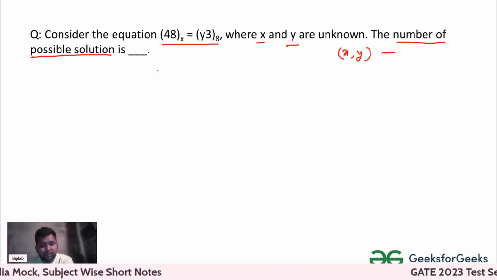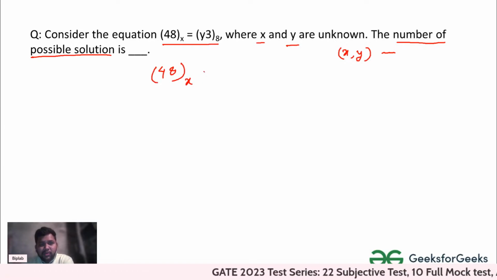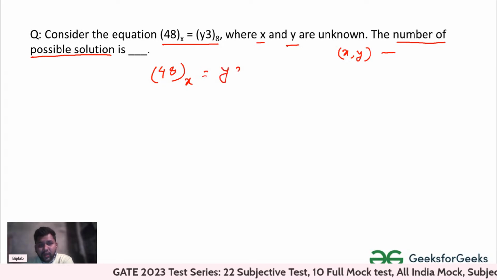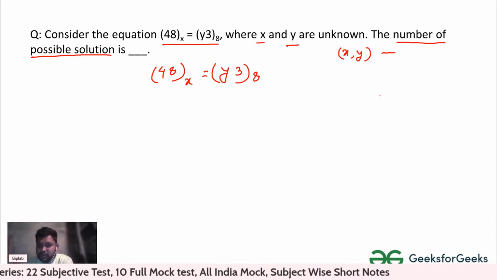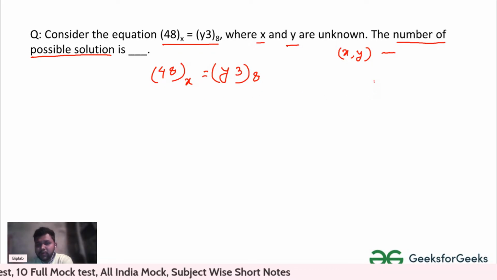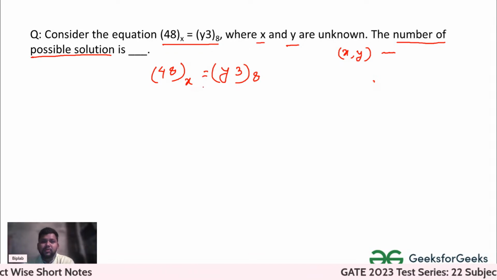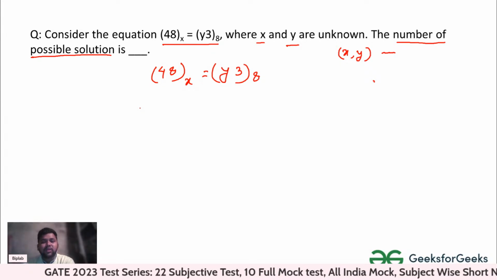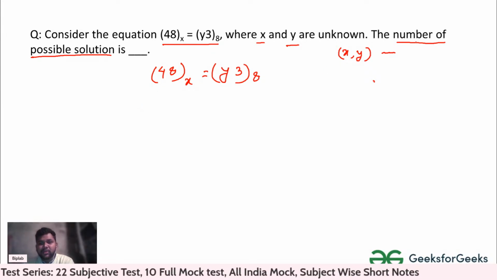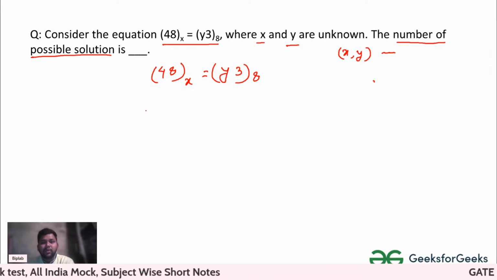Using this you will get an equation with two variables x and y, and using one equation you cannot find the value of two variables. So more than one solution will be there. That's why the question asks for the number of possible solutions, not the solution, because a unique solution may not exist.